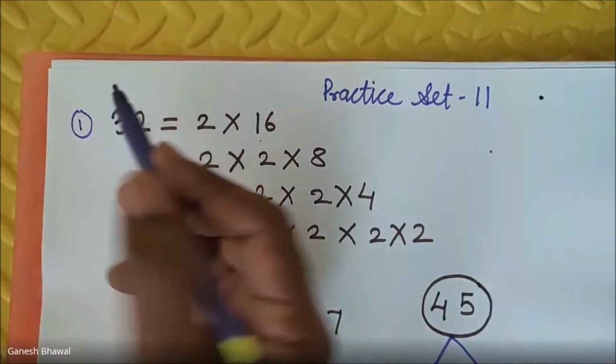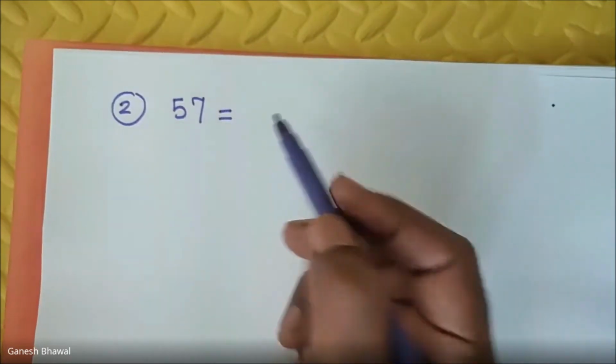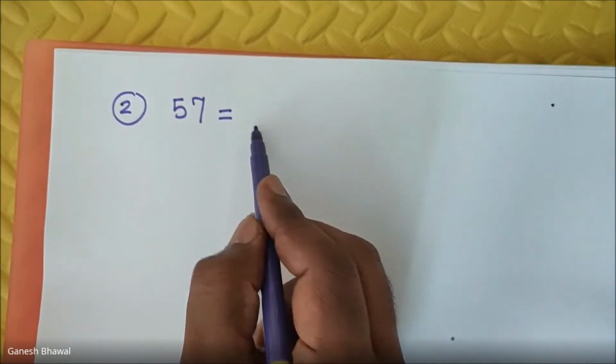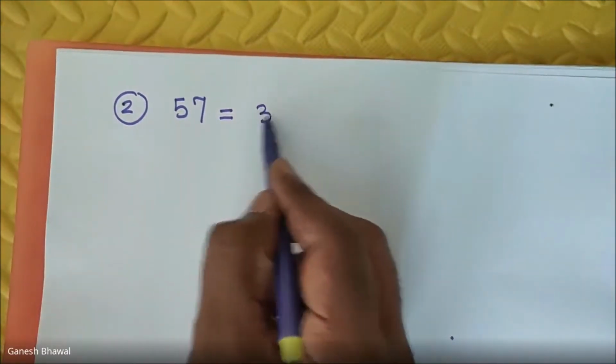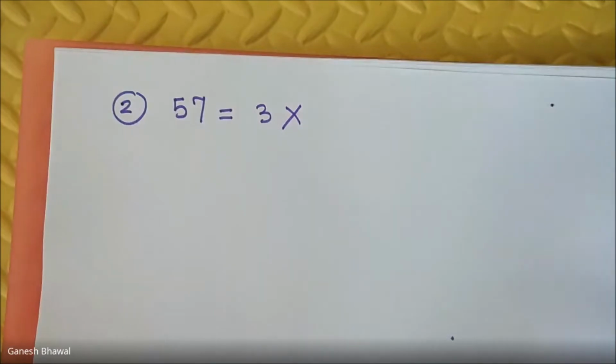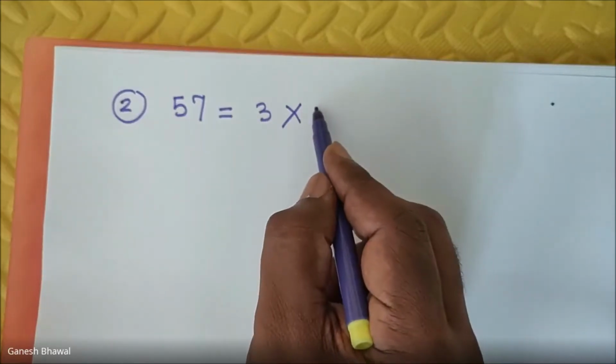We have already solved this sum. Write down number 2, 57. For an odd number, which number did I say? 3. Correct. So 3 into what will come for 57? If you divide this number by 3, 19. Correct.